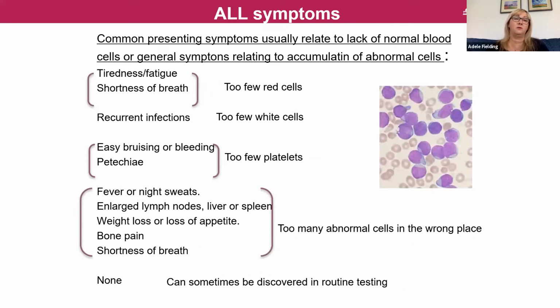So patients often will feel tired or fatigued and have shortness of breath, which often relates to not having enough red cells, recurrent infection to too few normal white cells, bruising or bleeding to too few platelets, and general kind of constitutional symptoms like fever, sweats, big lymph nodes, bony pain, due to too many abnormal cells in the wrong place, essentially, so in the blood, and then they can begin to accumulate in your lymph nodes, liver and spleen and so forth. And sometimes patients have no symptoms.